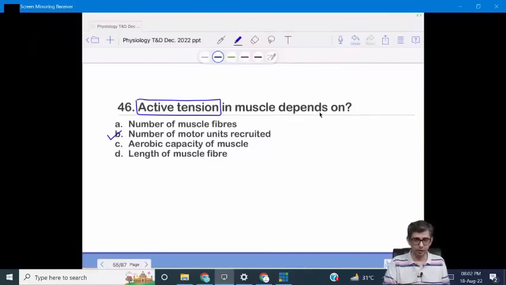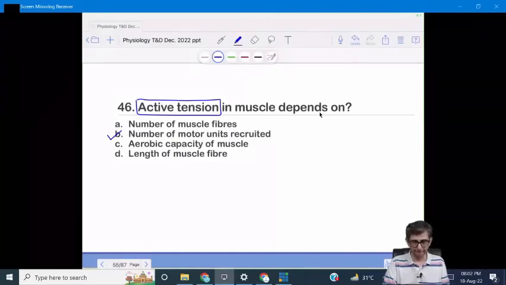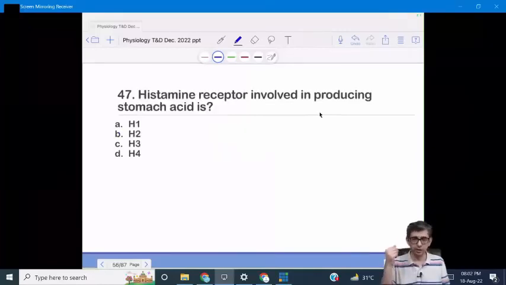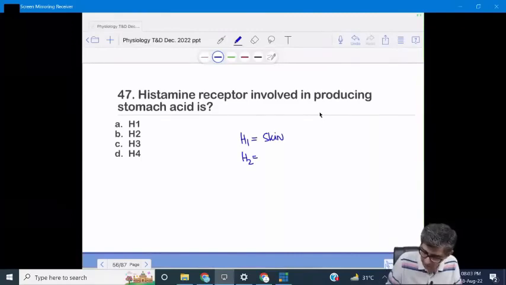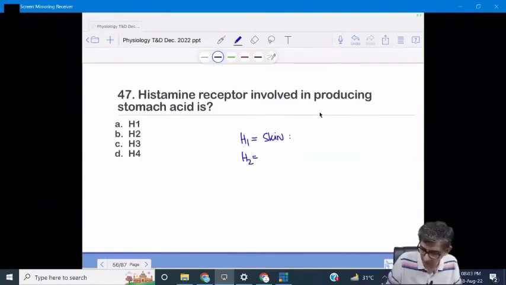Answer to 46 is beta. Come to 47. Histamine receptor which is involved in producing stomach acid. The H1 receptors are present in the skin and they are mainly responsible for causing pruritus.